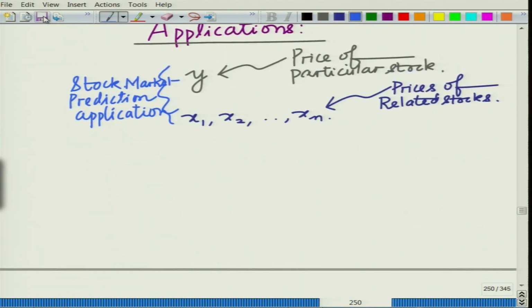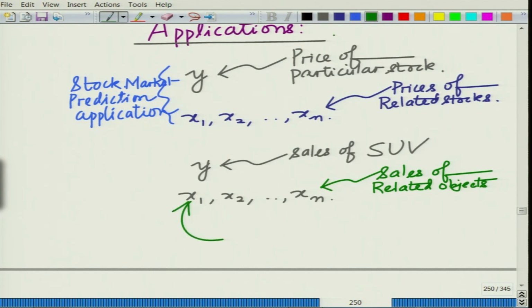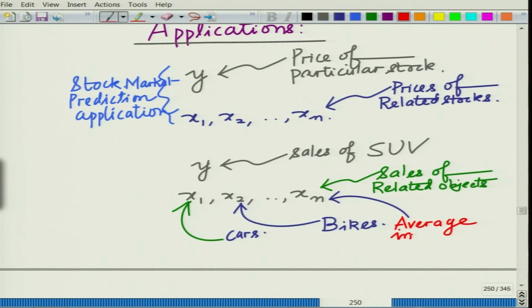Another interesting application could be sales prediction. So, y can be, for instance, sales of SUV vehicles, and x1, x2, xn can be sales of related objects, such as x1 can be sale of cars, x2 can be sale of bikes, and xn can be the average income or GDP of a particular city or town.